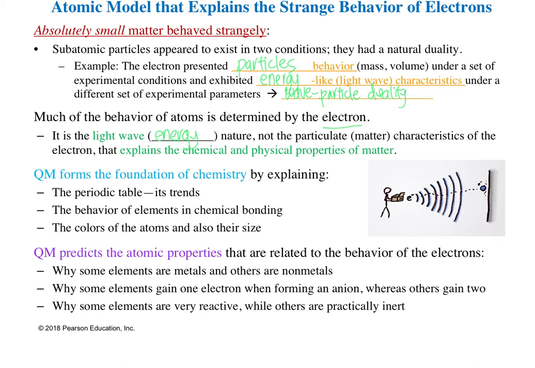So this model helps us to understand the periodic table trends, the behavior of different elements in forming bonds, the different colors of atoms and how big they are, and it helps us to predict different properties, like why some elements act as metals by losing electrons and nonmetals gain electrons, and why some are very reactive and others are not. So quantum really helps us understand a lot of this behavior that we were seeing. And by we, I mean scientists.